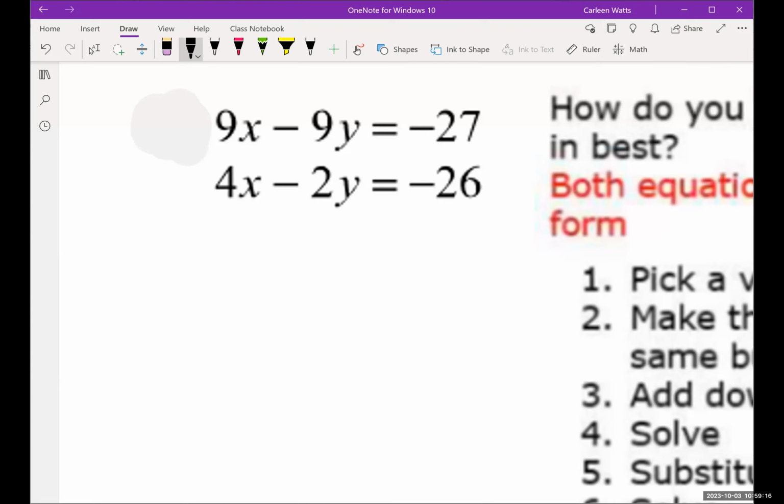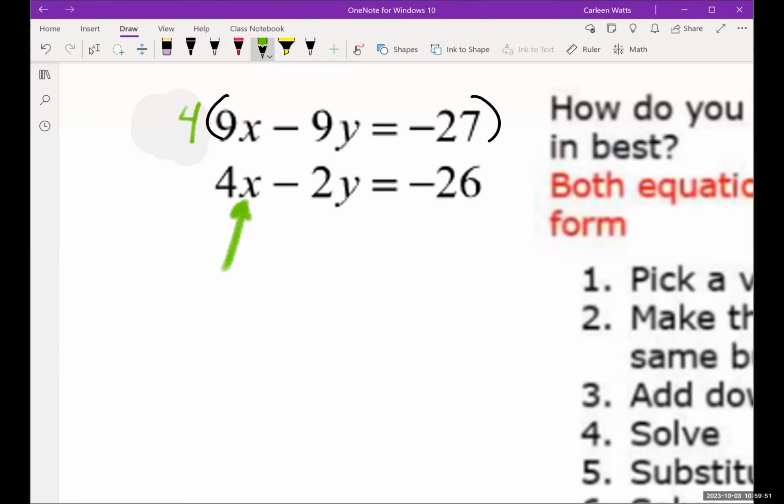Sometimes it's obvious what the least common multiple is. It's not. So if I want to make them match, I'm going to multiply the top by, can you guess? I want to make the x's match, same but opposite. Could anyone guess what I'm going to multiply the top by?